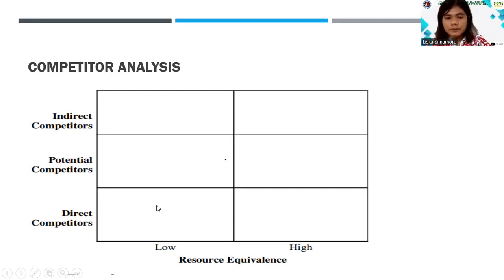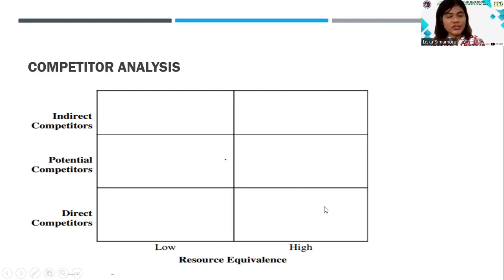For example, we use material grade A, and they use material grade B, which is lower than us. So it means we are here. They are here compared to our company. The same here, but if they use the same material as ours, then they are our direct competitors, and their place is here.